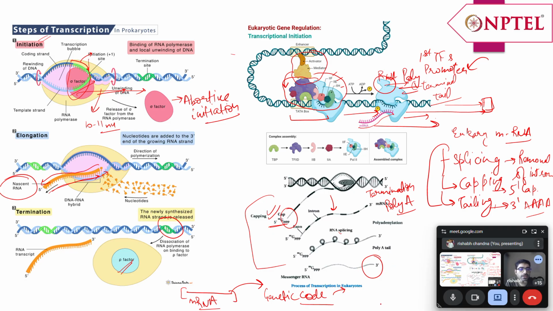For example, these three bases would code for a particular amino acid. This combination of amino acids will form a protein or a polypeptide chain.